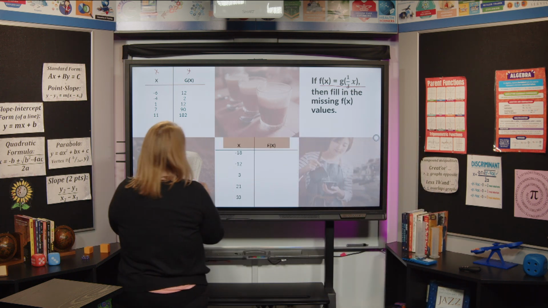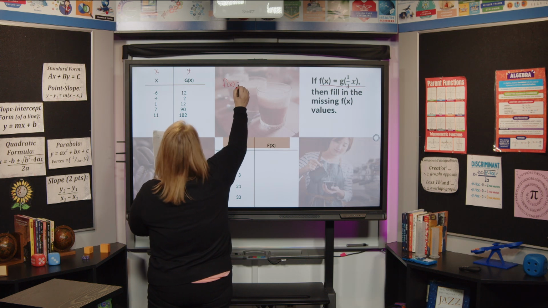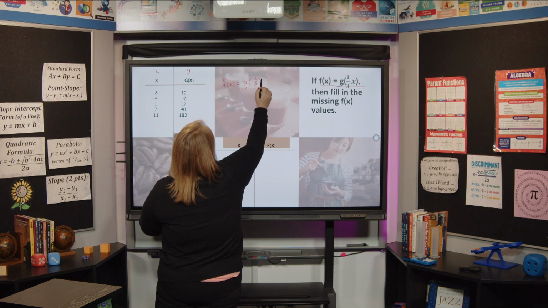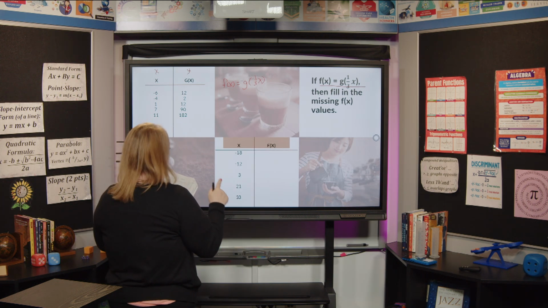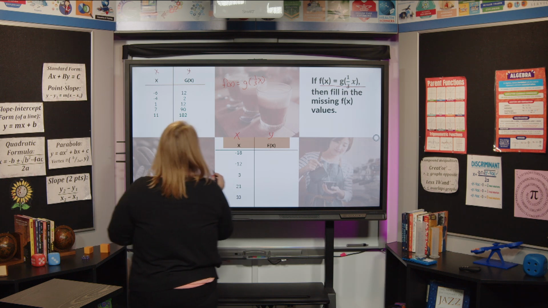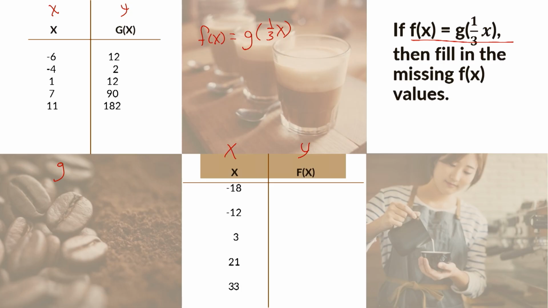So the first thing I'm going to do is write so I can see myself, f of x equals g of 1/3 x. So the first one I'm looking for is this negative 18 down here. So I'm going to put in g of 1/3 times negative 18.